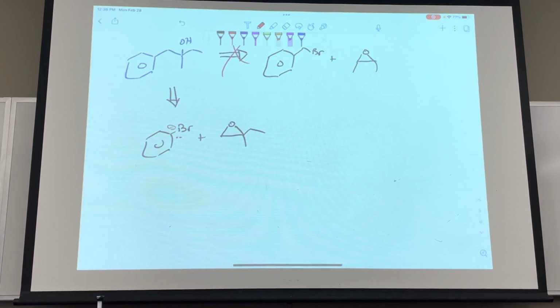That would be the nucleophile. It's a negatively charged nucleophile. It's a strong nucleophile, so we're gonna get attack at the least hindered position. So attack would occur there, open the ring up like that, and I think, looks about right, huh?